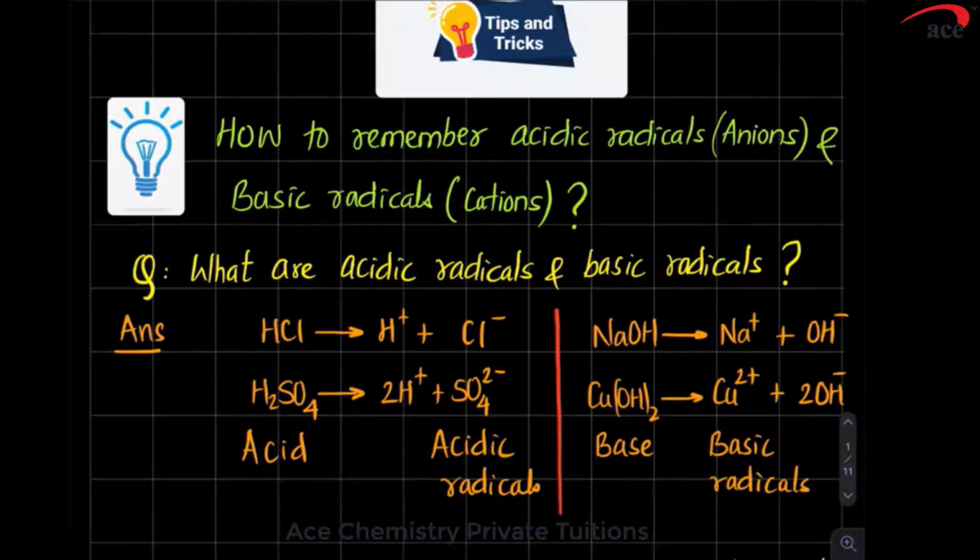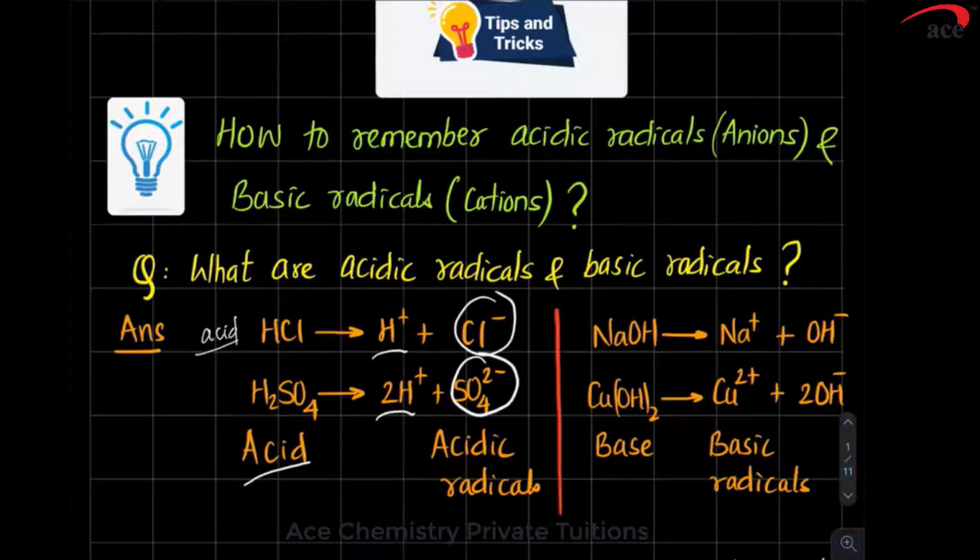For your information, you know HCl is an acid. We know sulfuric acid is also an acid. When these acids, HCl and H2SO4, are dissolved in water, they give you hydrogen ions and they give you other negative ions.